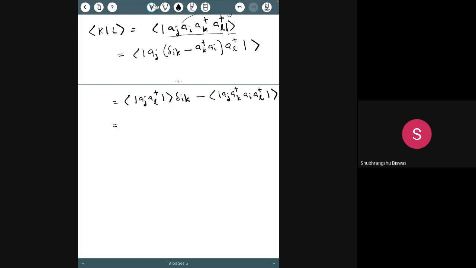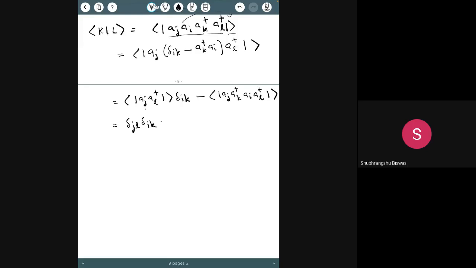Now here it's again the vacuum, so L must be equal to J because you will create only chi L, and then J must be L for it to exist. So you will have a delta JL over here.